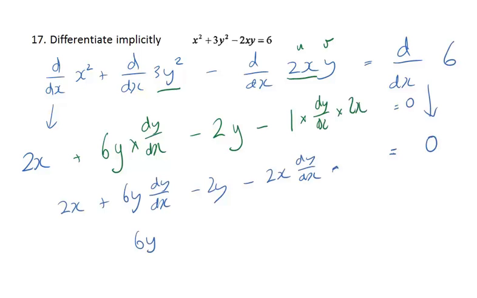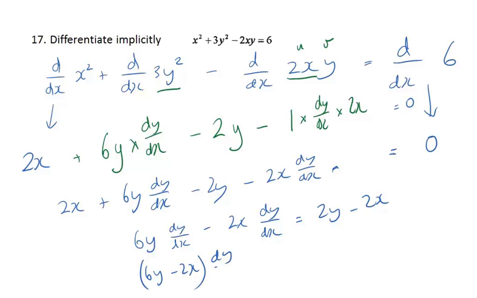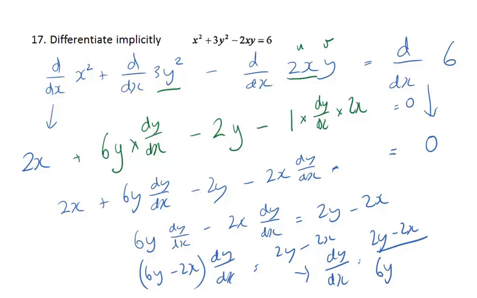We're going to have 6y dy on dx minus 2x dy on dx is equal to 2y minus 2x. We put these together: 6y minus 2x, all times dy on dx, is equal to 2y minus 2x. So therefore, dy on dx will be 2y minus 2x divided by 6y minus 2x.